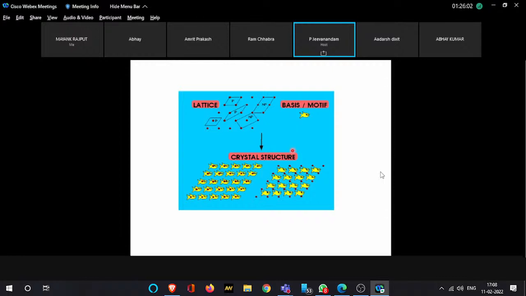Let me give you an example. Zinc oxide. What is the color of zinc oxide? White. But I can make you zinc oxide which is not white. I have prepared it by a special method. I can show that structurally it is zinc oxide, but it does not have white color. Interesting, correct?